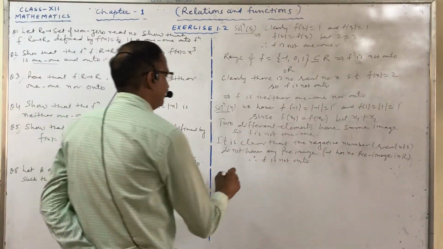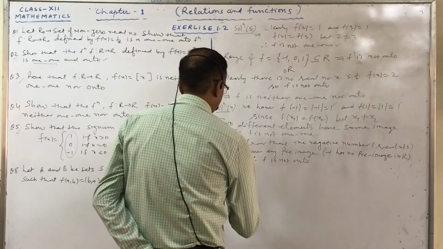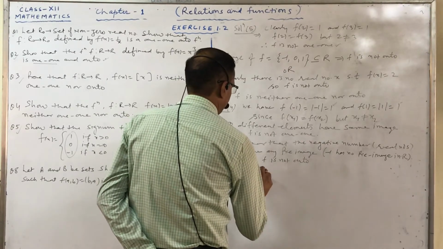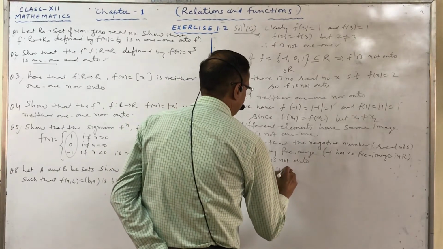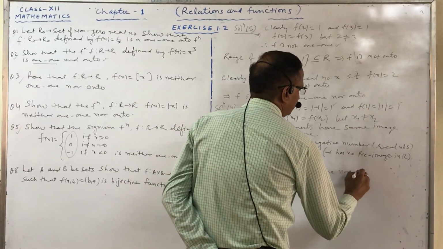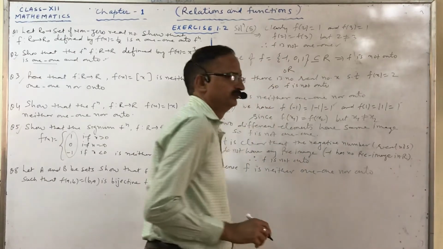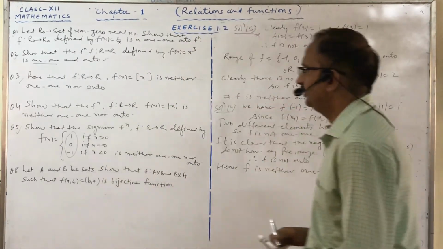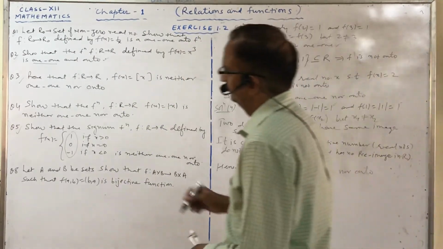So, we can say that hence f is neither one-one nor onto. So, this is all about question number 4.